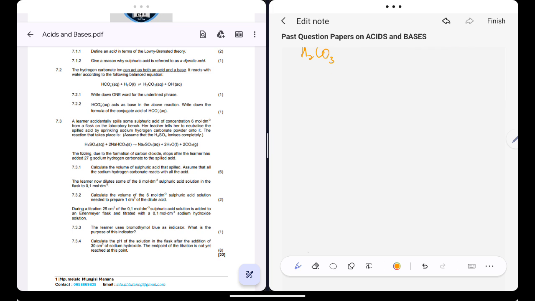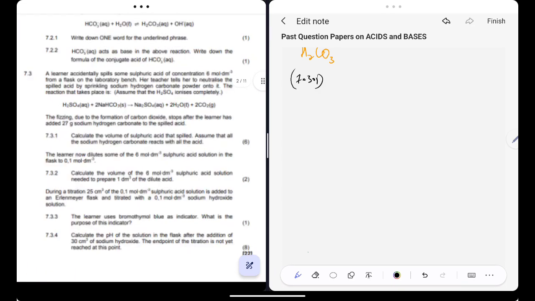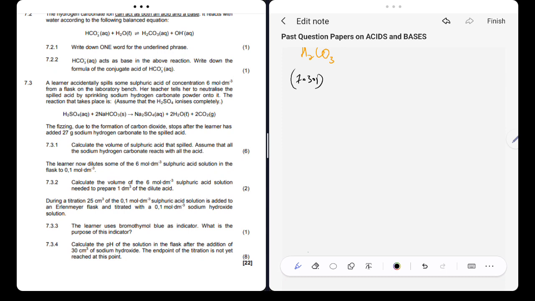Then let's go to 7.3. We are told that a learner accidentally spilled some sulfuric acid of concentration 6 mol per cubic decimeter from a flask on the laboratory bench. Her teacher tells her to neutralize the spilled acid by sprinkling sodium hydrogen carbonate powder onto it. The reaction that takes place is as follows. We are told to assume that the sulfuric acid ionizes completely.